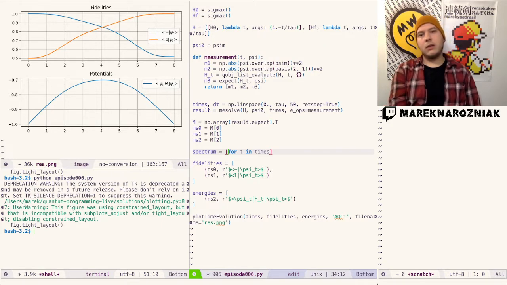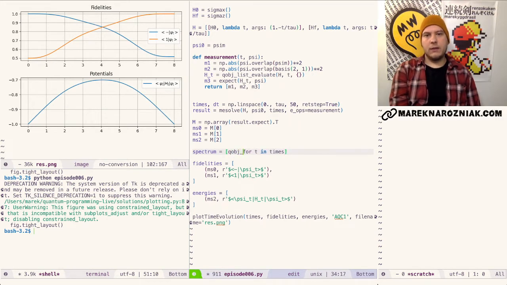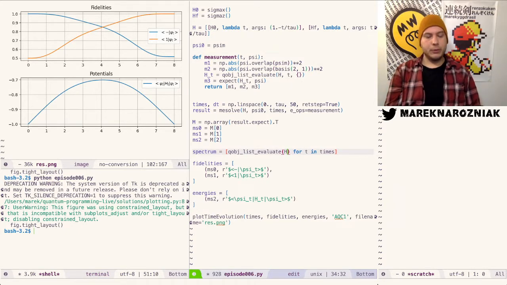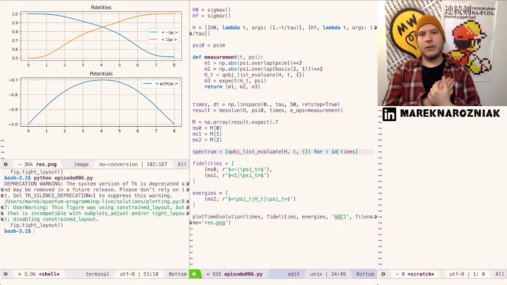We already know that we can do it from QObject, the list evaluate function. We will provide it with the time-dependent Hamiltonian, the moment of time t, which we already have, and some parameters that we don't care about at this time. That's sufficient to get the spectrum, but we would like to separate each curve into a separate list.